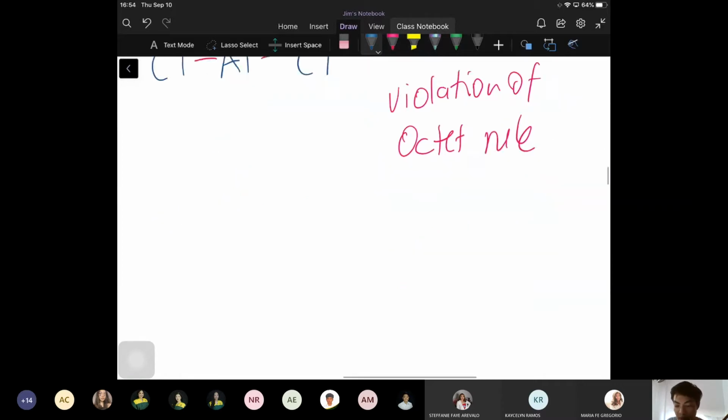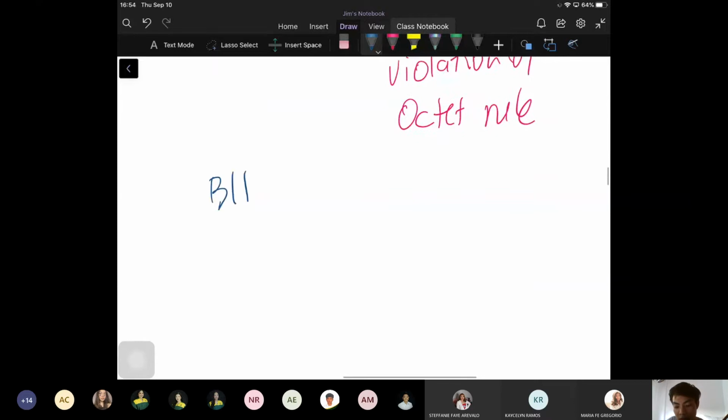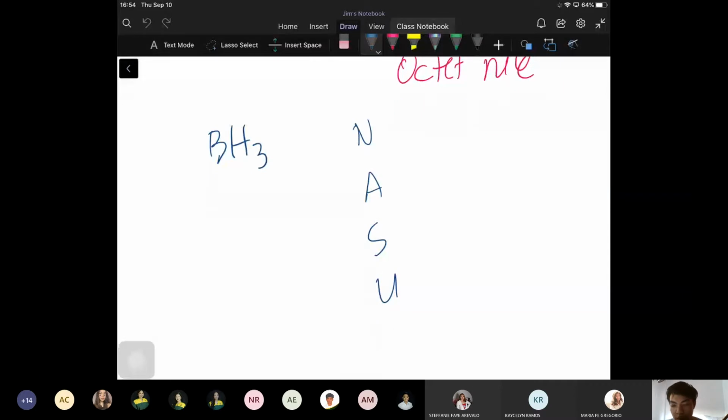Another example would be BH3. Try natin si boron. Boron is in the p orbital. Totoo naman 'yon. Si hydrogen, nasaan 'yan?